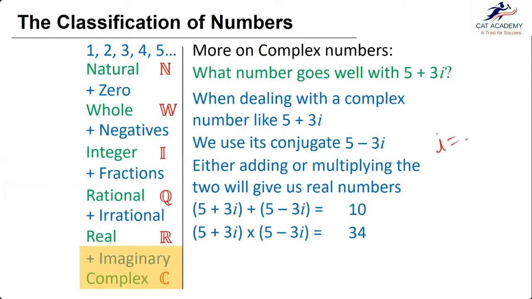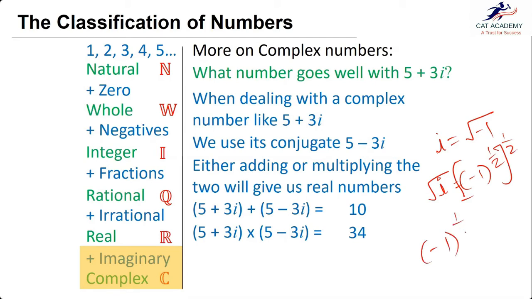Okay, let me write i is equal to under root minus 1. So square root of i will be equal to minus 1 raised to half, bracket raised to half. So that's minus 1 raised to 1 by 4, whose fourth power is minus 1.